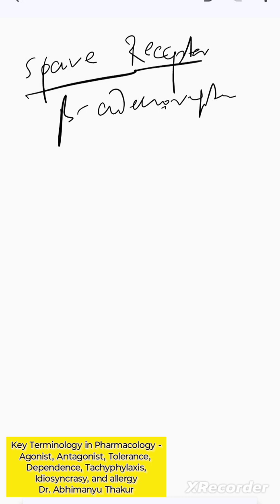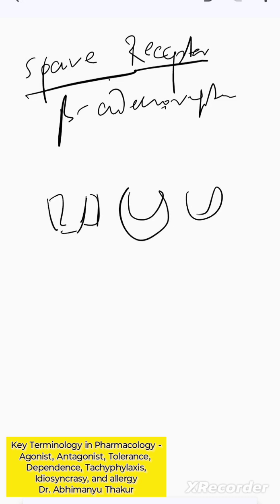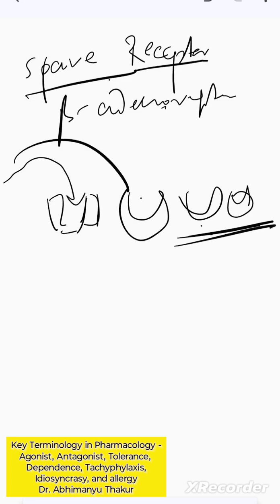They are present in an extra amount and produce the maximum response at less than full occupancy. Suppose these are the receptors; some of the receptors are empty, available in extra, but still they produce the maximal response even though they are not fully occupied.